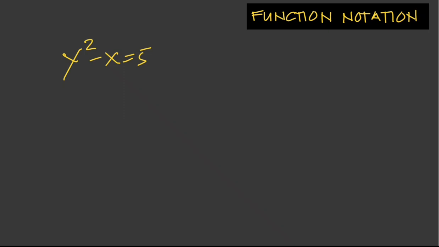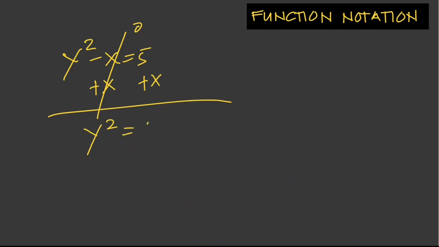We need to solve the relation for y, so we have to eliminate x here. We add x to both sides. This cancels out, equals 0. We're left with y squared, and on the right side we have 5 plus x.